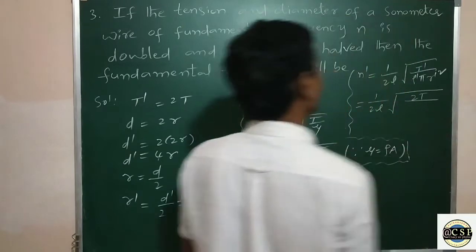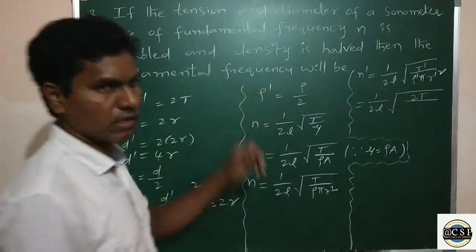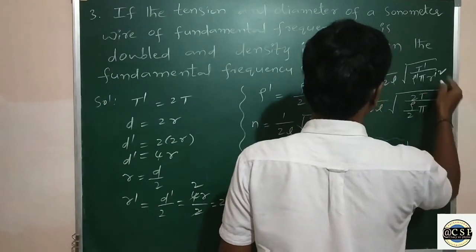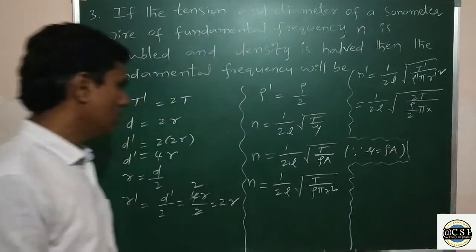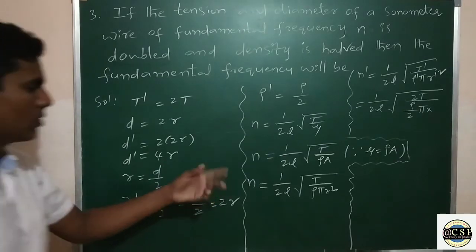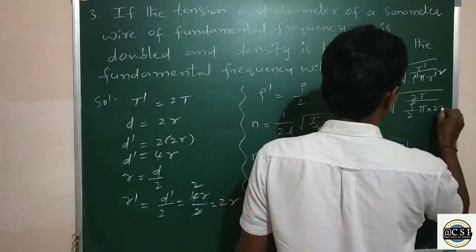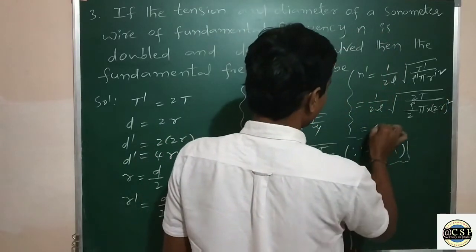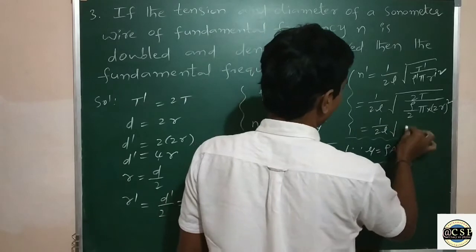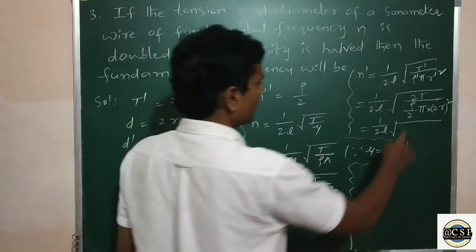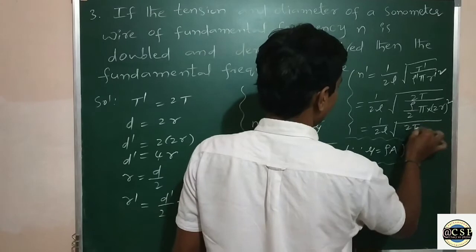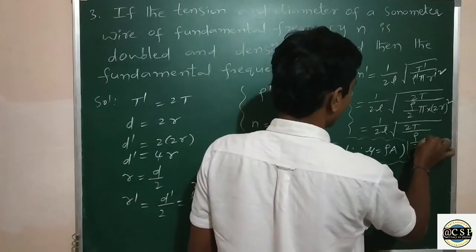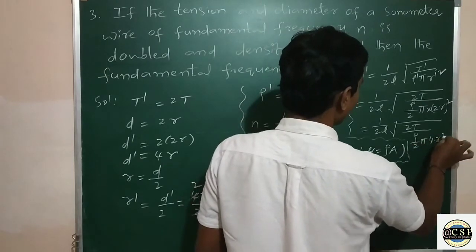2T divided by rho dash is rho by 2, pi r dash square into... what is r dash square? 2r whole square. Here that is equals to 1 by 2L root, 2T divided by rho by 2 pi 4r square.